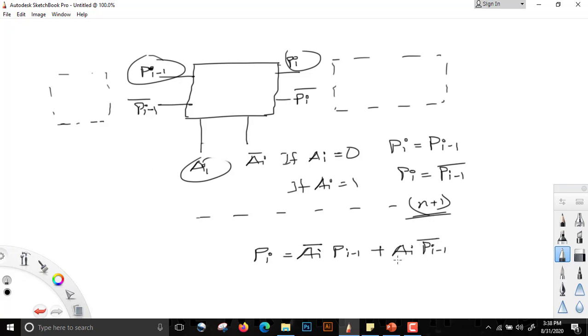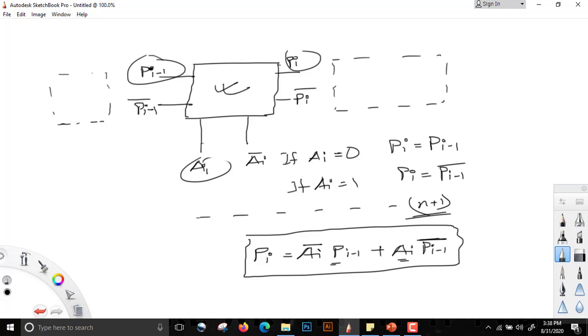So the logic is, if Ai is equal to 1, then the previous parity will be reversed, that is, we will find the bar. If the present input Ai is equal to 0, then the previous parity will prevail. So this over here is the logic circuitry or the logic expression that will be involved in this particular box.